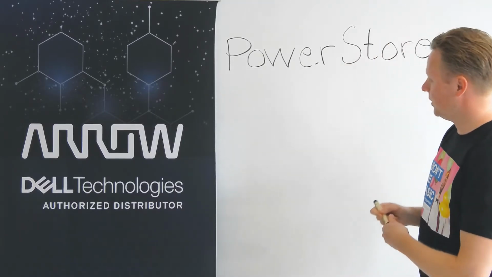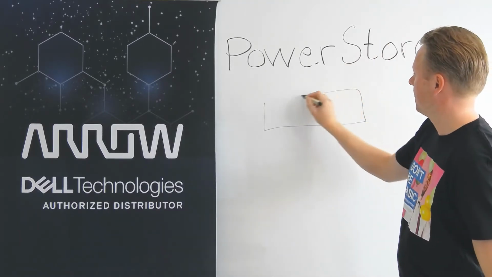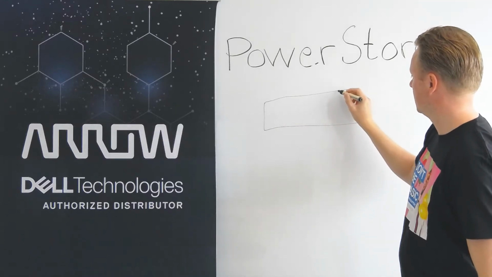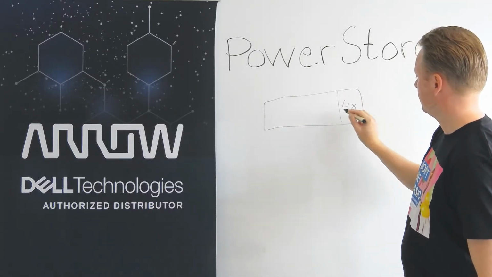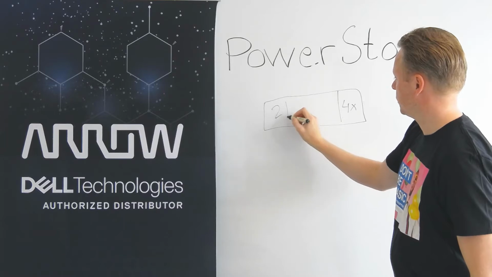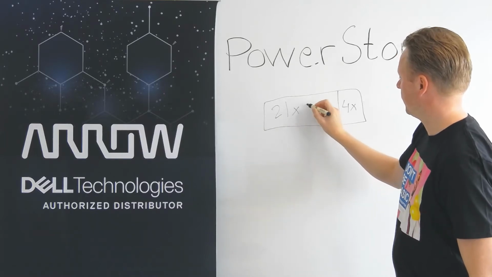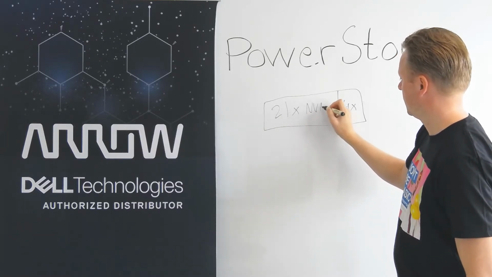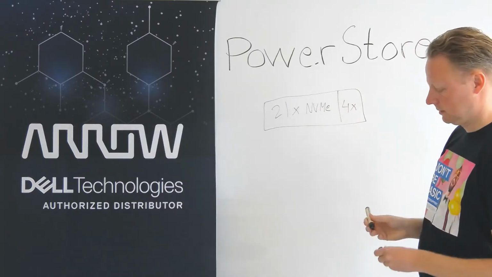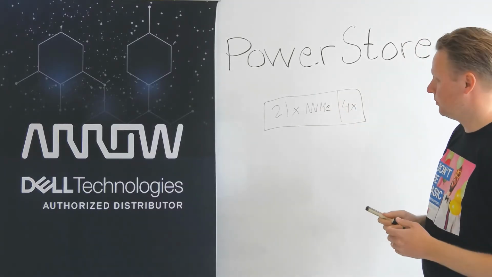So when you look at the hardware again, you have the 25 disk slots in the front. 4 of them are reserved, 21 are for your storage. It's NVMe, so it's really fast and future-proof.